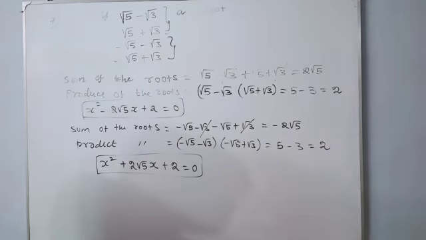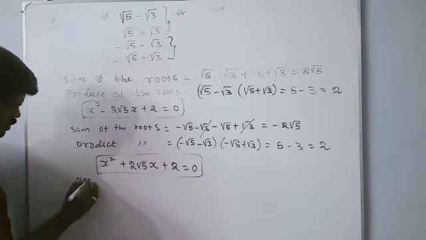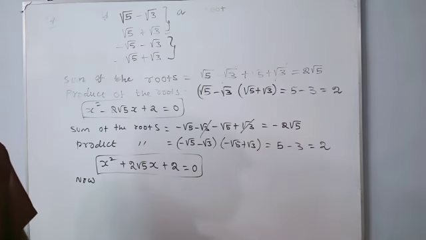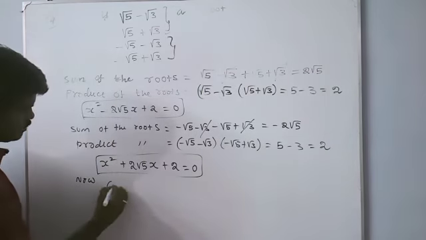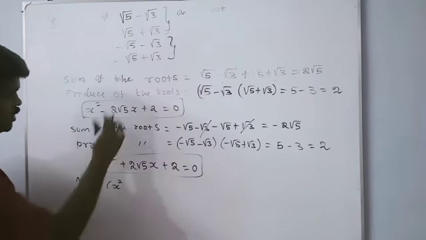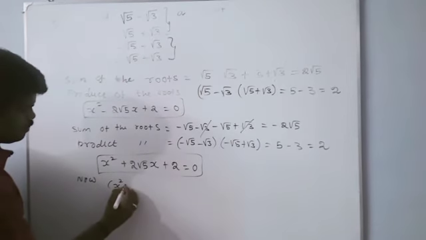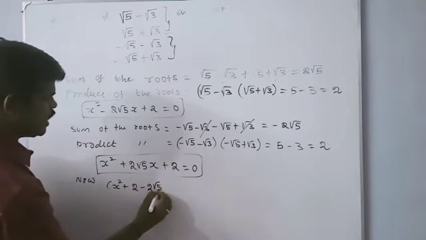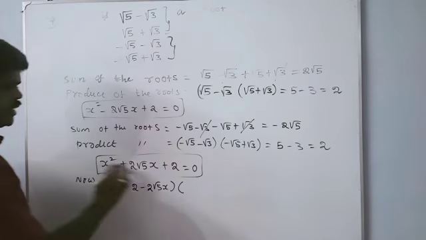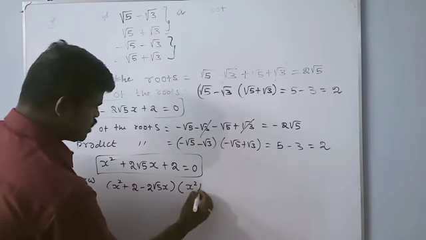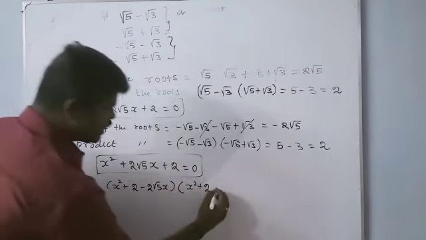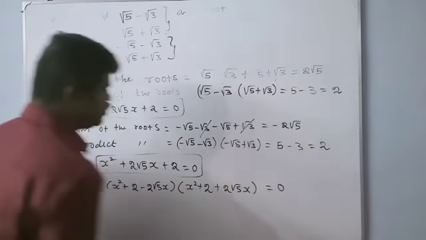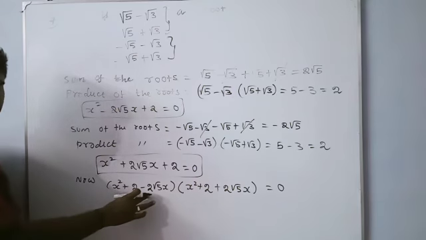Now the product of these two equations will give the 4th degree polynomial equation. So the product of these two terms: x square plus 2 minus 2 root 5x into x square plus 2 plus 2 root 5x equal to 0.